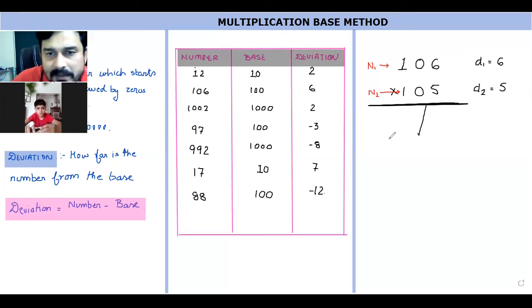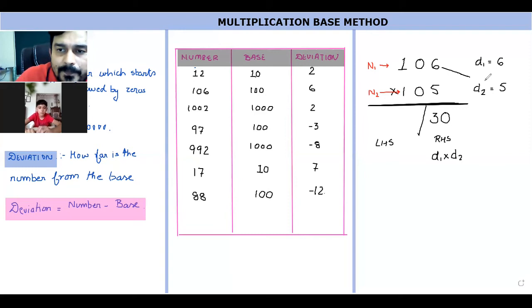Now I will divide my answer in two parts, LHS and RHS. In RHS, I will multiply D1 and D2. 6 times 5 is 30. In LHS, I can either add number 1 and deviation 2: 106 plus 5 is 111.